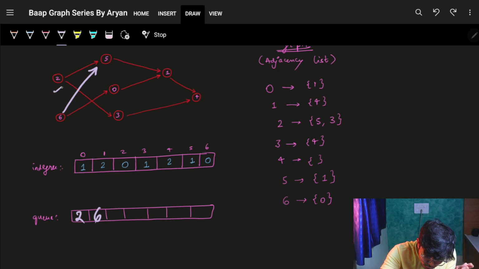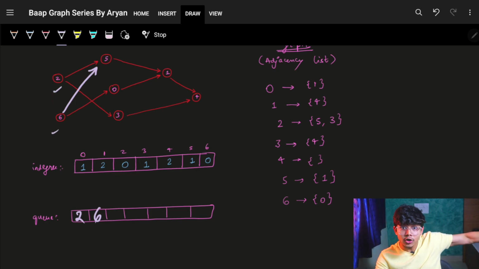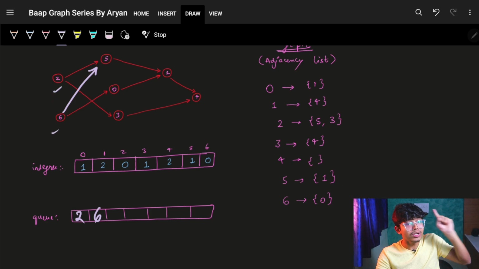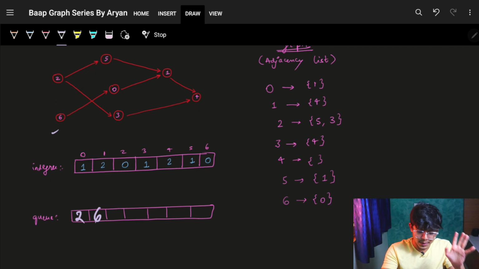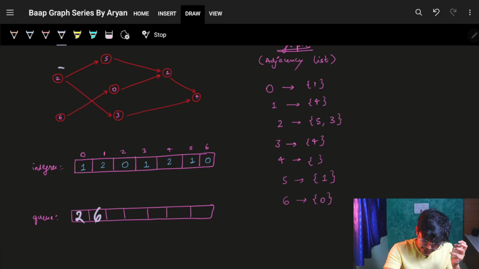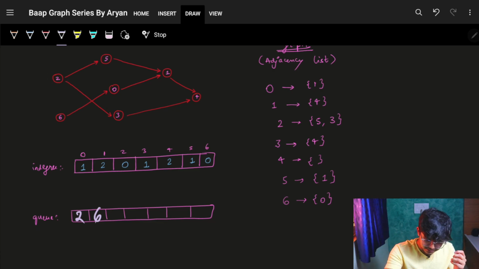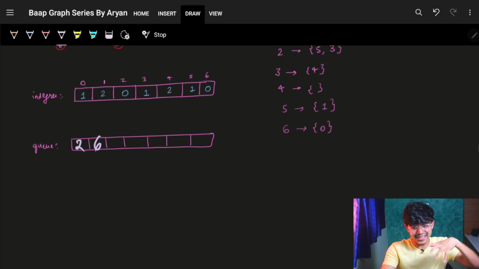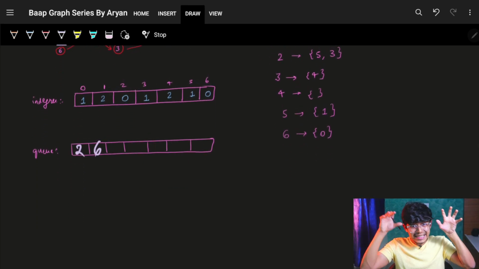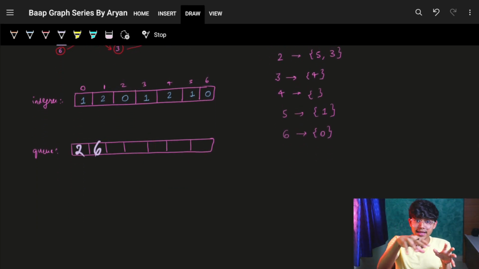Thus, only when both 2 and 6 have gone out of my queue can I push in my 5. So right now I can't. If I was starting from 2, then 2 has gone, so now maybe I can push in the 5. That is what we have to keep thinking while pushing in the BFS.